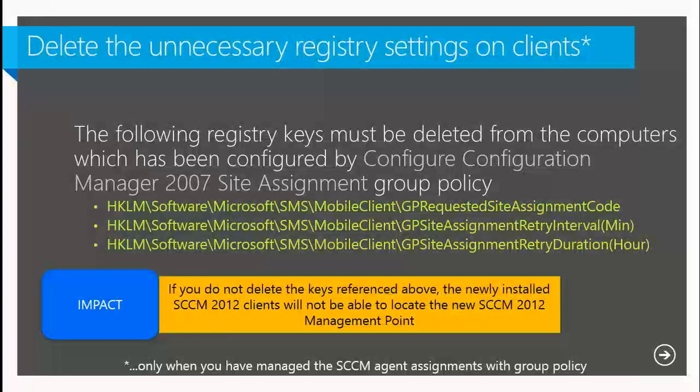You have to delete them manually, because it doesn't matter if you open the Configuration Manager control panel applet and try to manually insert the new SCCM 2012 site code. The agent will not apply this information, because these registry settings override the manually inserted SCCM 2012 site assignment. You have to delete them.